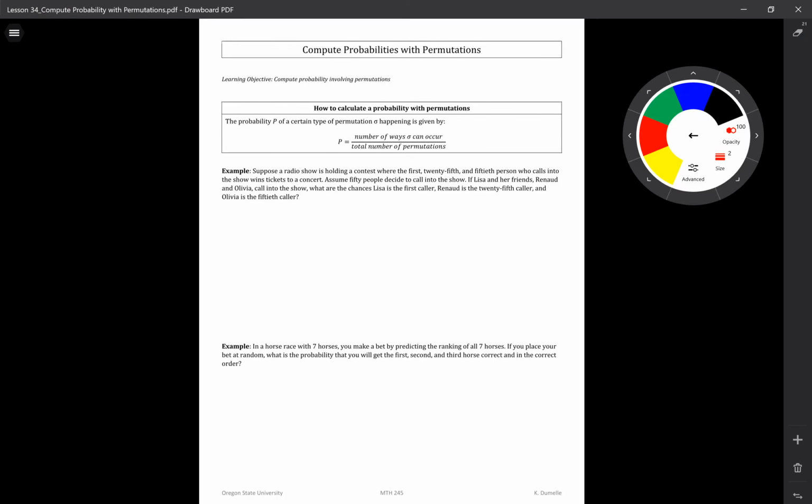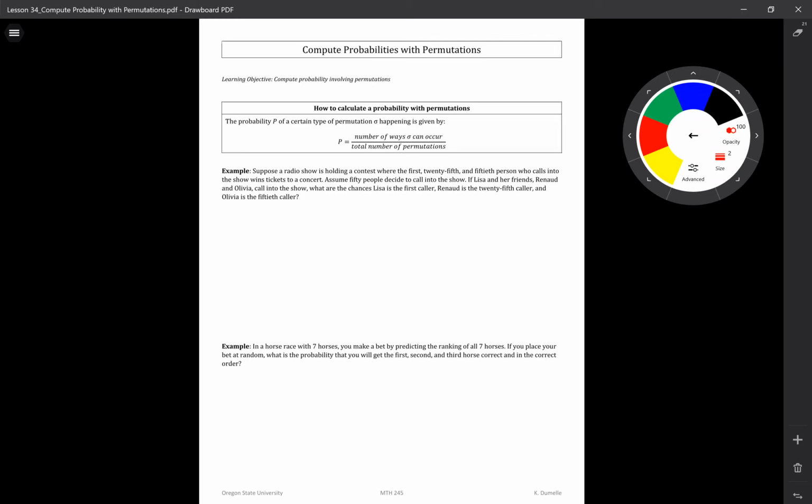So far today we've been talking about events and sample spaces and how those are related to probabilities. And we are continuing that in this lesson with permutations. So remember, a permutation is an arrangement of things where the order matters. So here's how we calculate a probability with permutations.